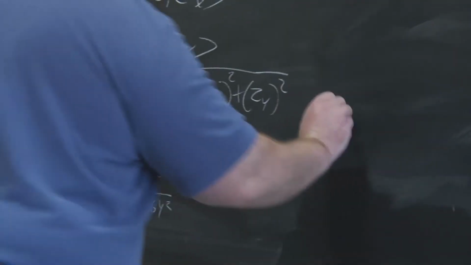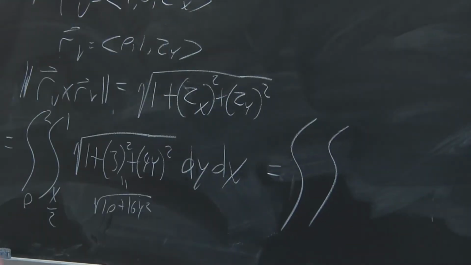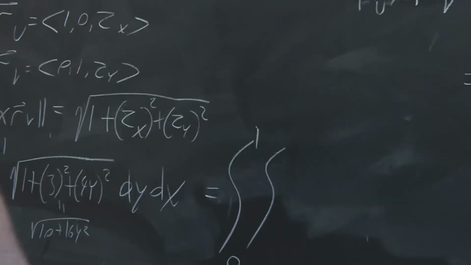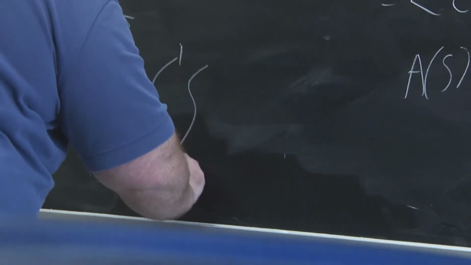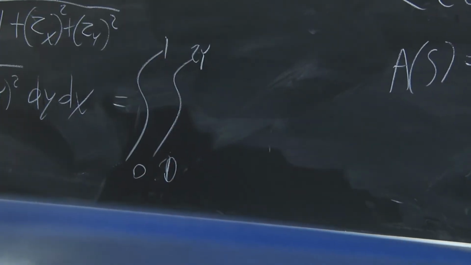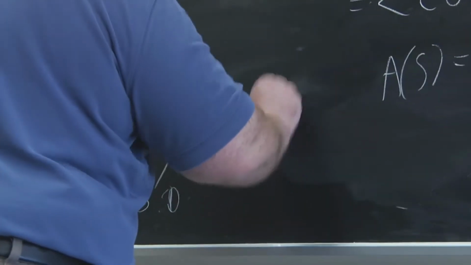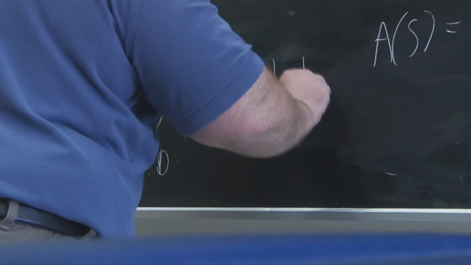Do x first. So now y is going to go from 0 to 1, and then x is going to go from 0 to 2y. So now those will be your limits. Now you're still going to have the same function, of course, the square root of 10 plus 16y squared, dx dy.